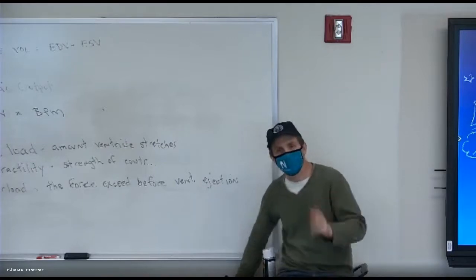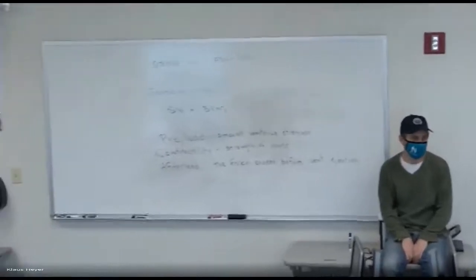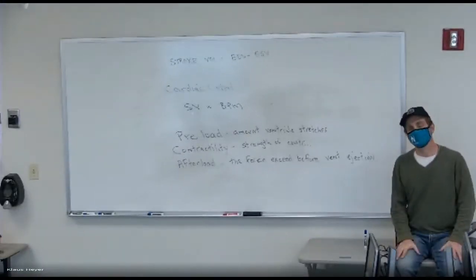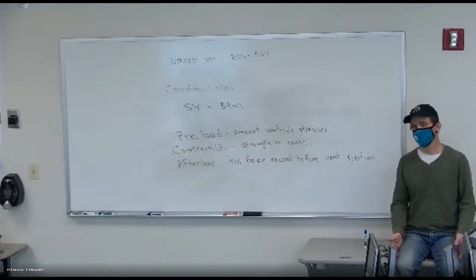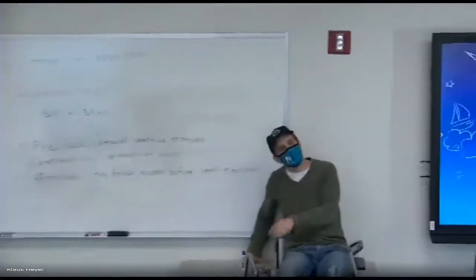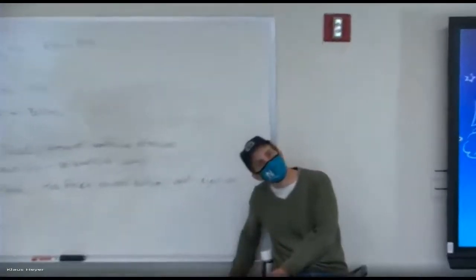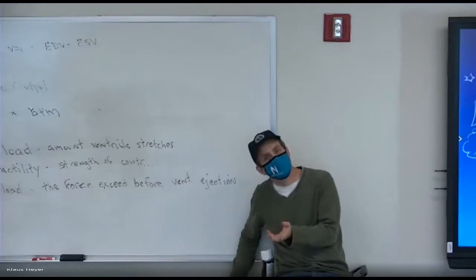Question 6, you are going to look up on your own, and it is the blood flow through the heart. That's simple. Where does blood go? You can start wherever you want. Right atrium, tricuspid valve, right ventricle, pulmonary valve.